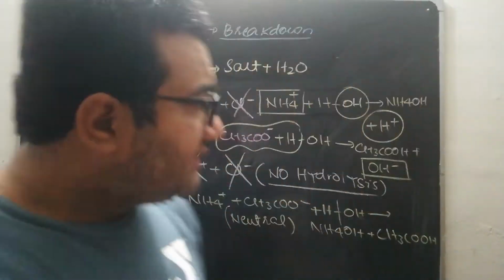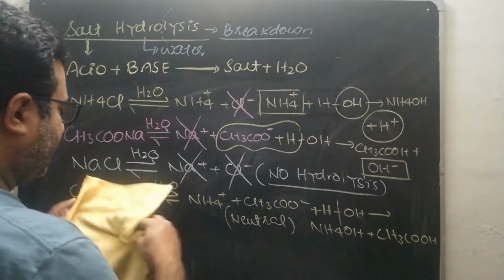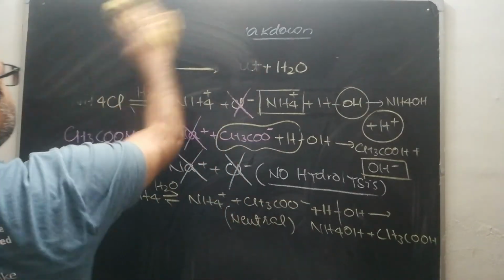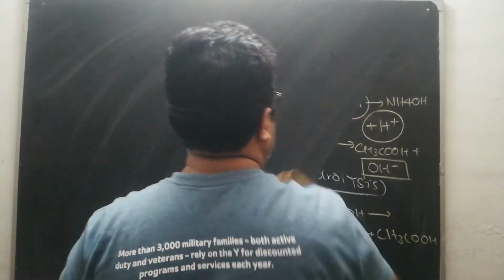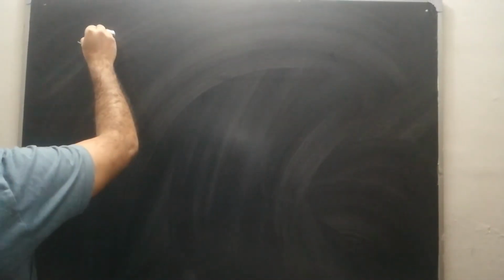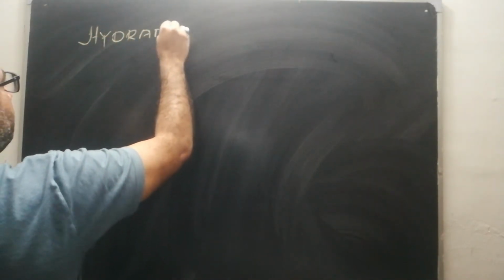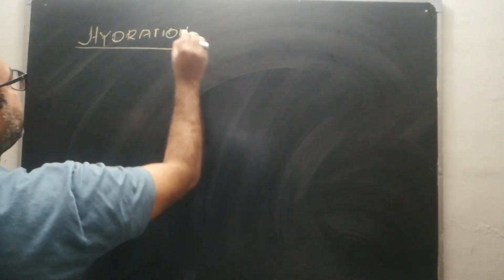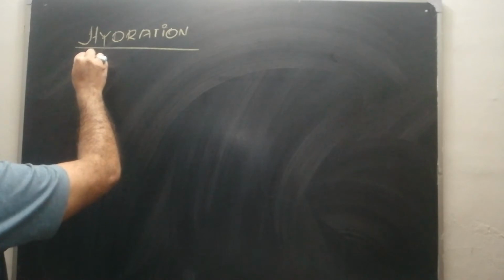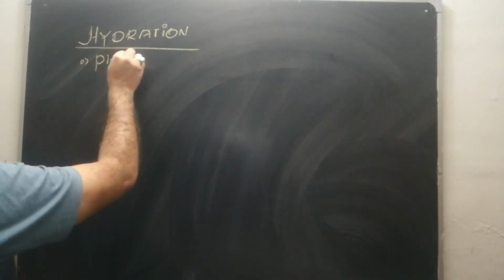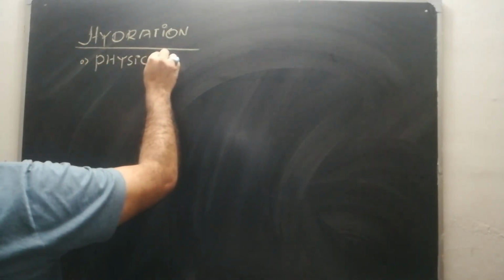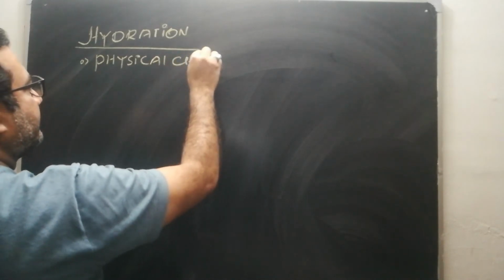Now let us move towards the next part of this lecture, that is hydration. So what is meant by hydration? First of all, let me tell you one thing, that hydration is a physical change.